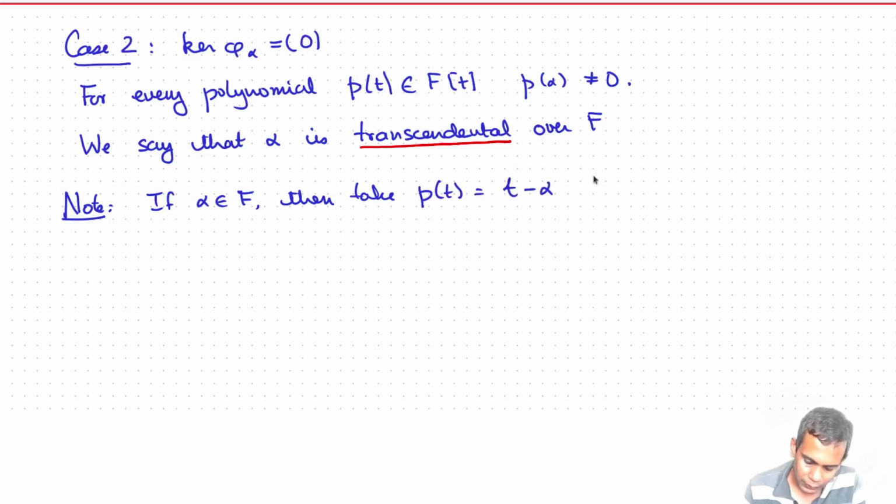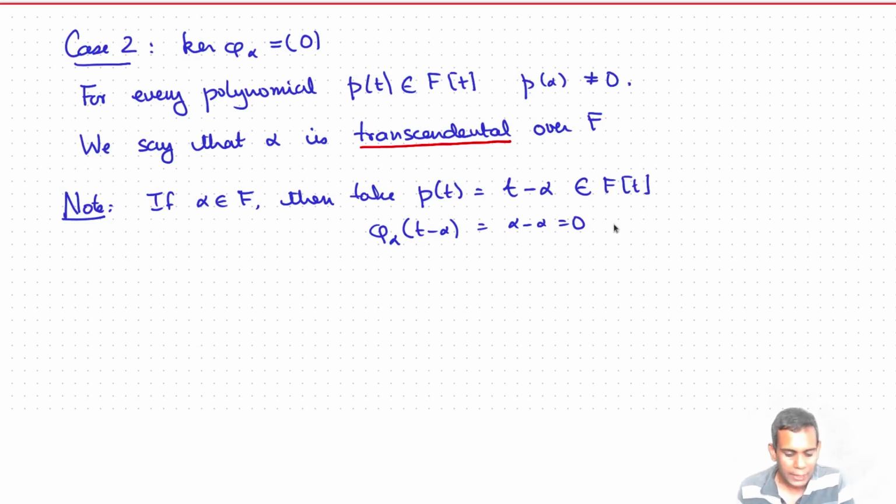Right, that's a polynomial in F[t] because alpha is in F. And so we have phi alpha of t minus alpha. Well, that's alpha minus alpha, which is 0. So every element of F is algebraic over F. And so the only interesting question is when an element is not in F, is it algebraic or transcendental over F?